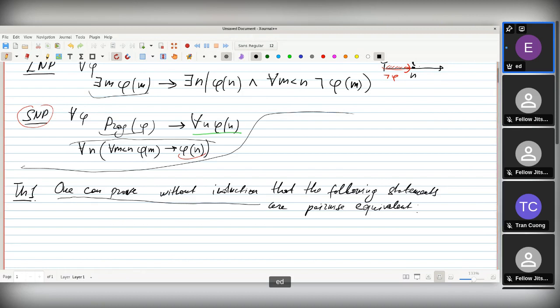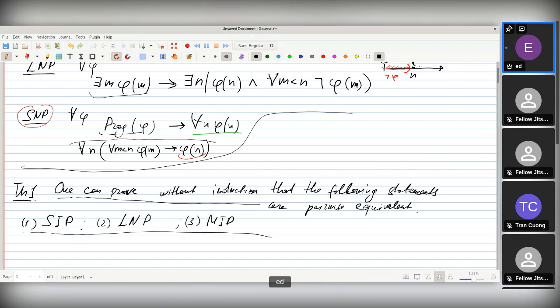That is, if one is true, then the other one is true as well: the strong induction principle, the least number principle, and the mathematical induction principle. So one can obtain one principle from any other one.